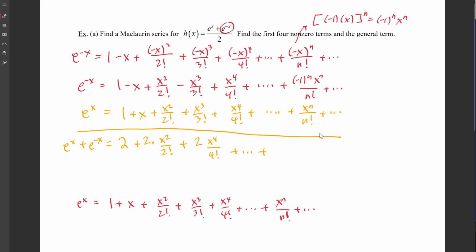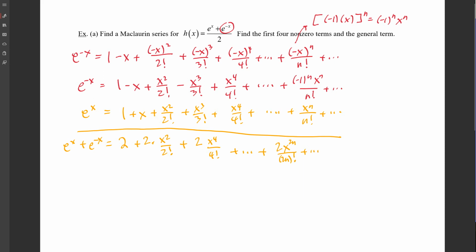So if it's odd, it's going to wipe out, and you can see all of the signs here are going to turn positive. So I can see the pattern here. This will be plus 2 times x to the 2n over 2n factorial plus dot dot dot.